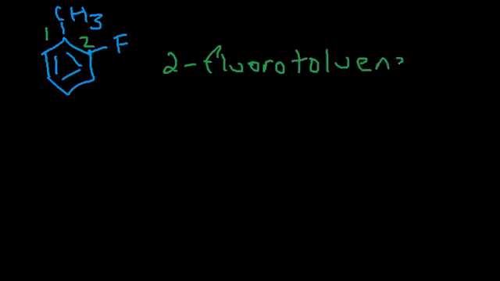So this is carbon 1, this is carbon 2, because toluene, the CH3, is part of the parent name, so it has to be carbon 1. This is called 2-fluorotoluene. Or we can say ortho, which is 1,2, ortho-fluorotoluene.